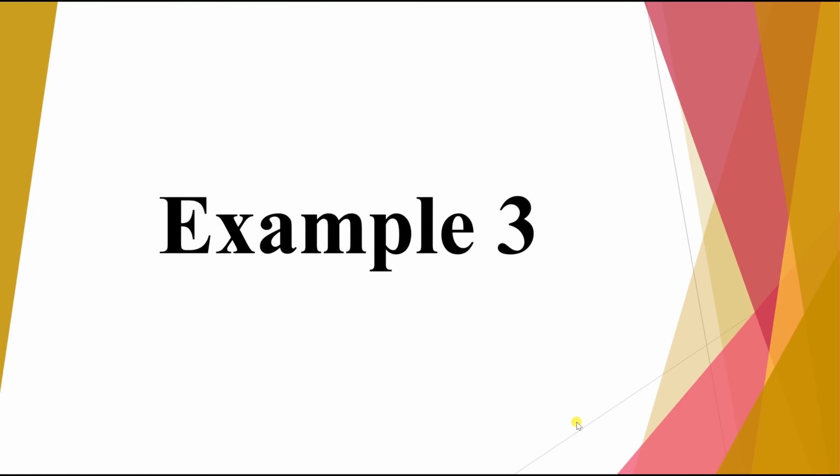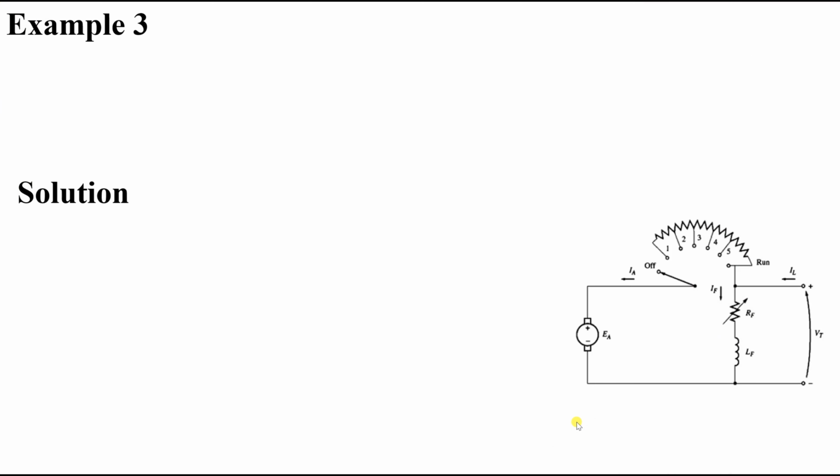Now let's have example number 3 in order to understand how we are going to do the starting method. Number 1, we have a DC machine of 10 kilowatt, 1000 RPM, and an armature resistance of 0.1 ohm, connected to a 100 volt DC supply. So our supply here is 100 volt and the resistance of the armature is 0.1.